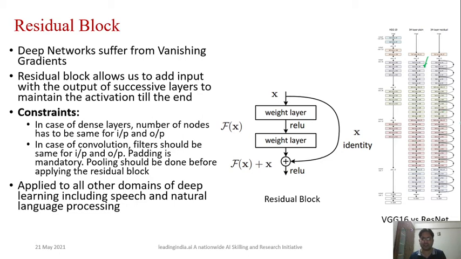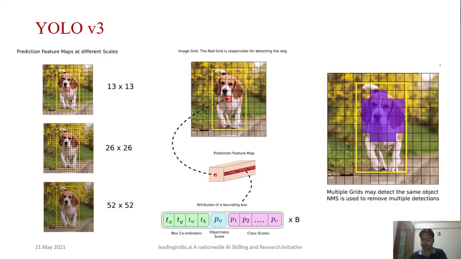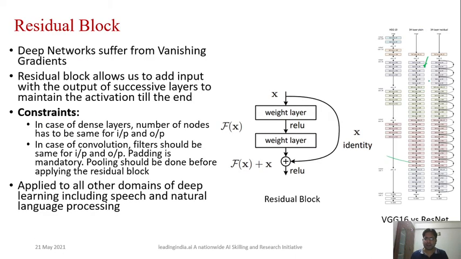But with the help of residual network, you are adding more elementary features into the next layer. This will help us in many other ways as well. It will solve the vanishing gradient problem as well.